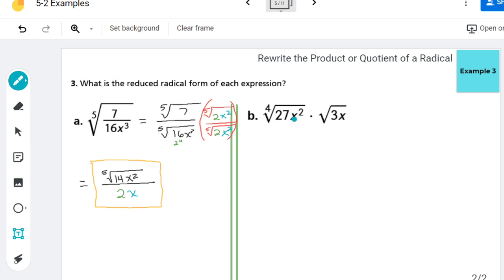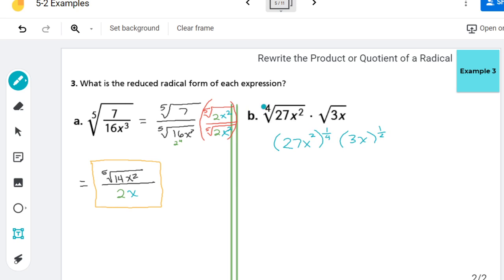Now on this one, we want to multiply them together, but they don't have the same index. So we need to write them out as fractions in exponential form to figure out how to get the same index. So here we are.